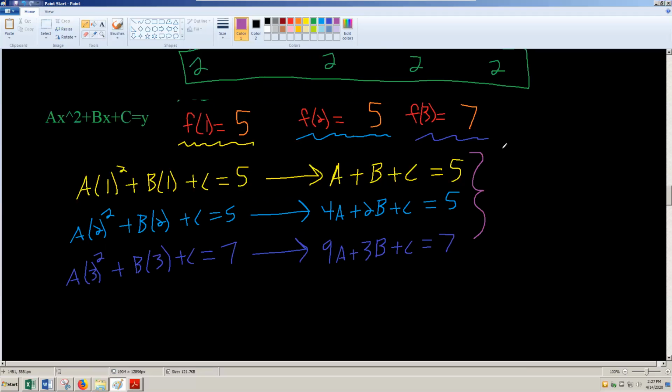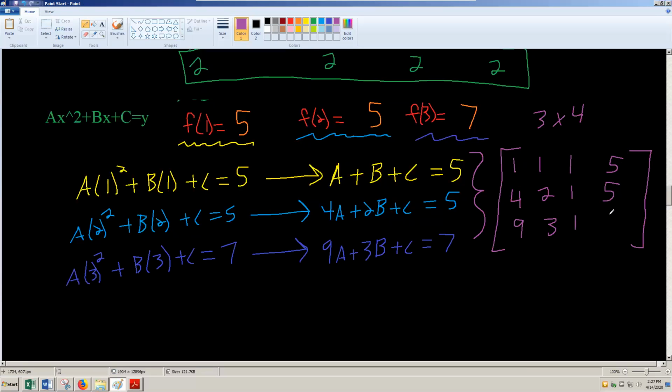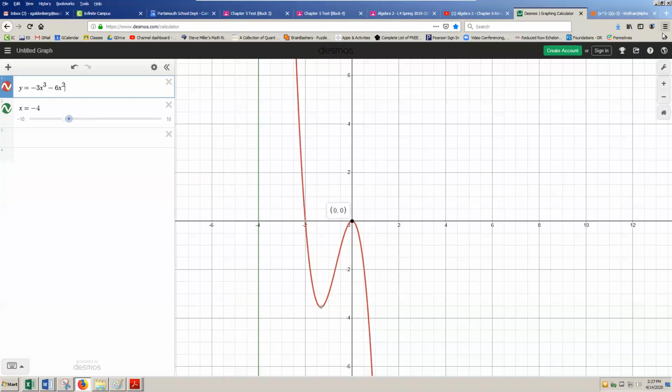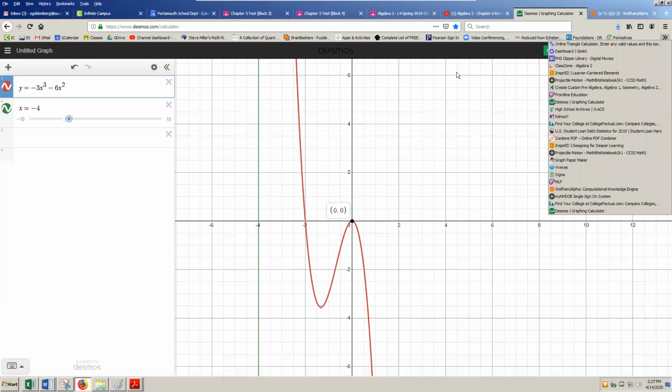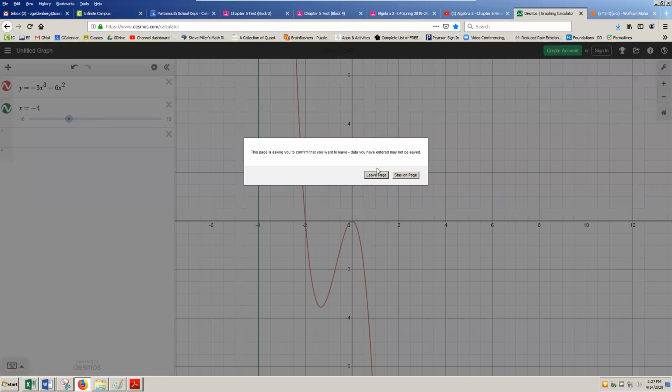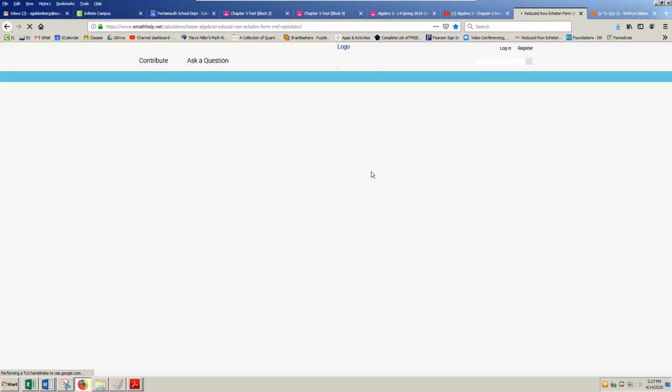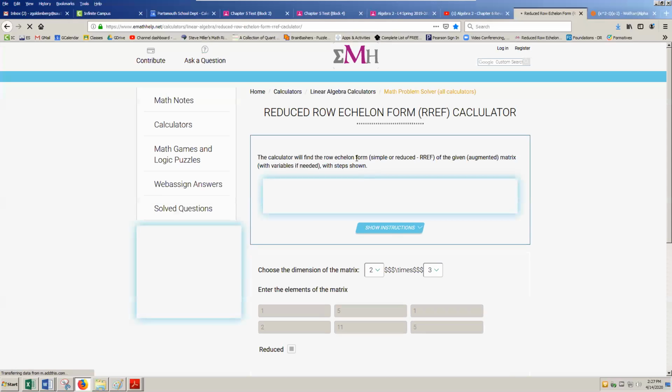So now my matrix for this is going to be a 3 by 4 matrix. And it would be 1, 1, 1, 5, 4, 2, 1, 5, 9, 3, 1, 7. And then I would go to my preferred matrix solver. So let's grab this one here. Use the TI-84 calculator, use Calculate 84, the app, whatever you want.